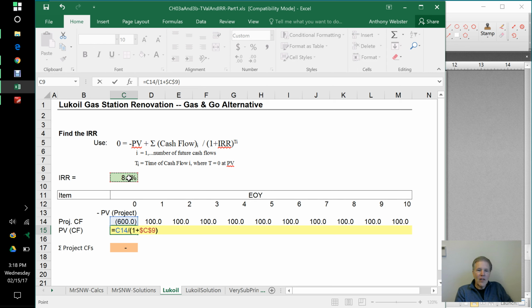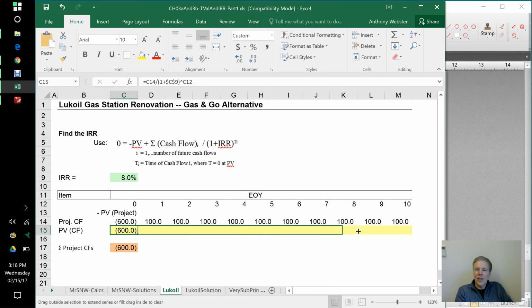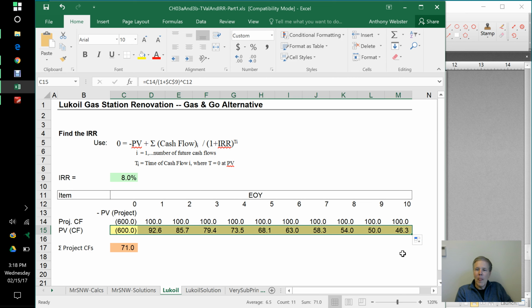And I'm going to put dollar signs there to lock that down. And then that's going to be raised to the number of periods that we need to discount that back to t equal 0. Okay, all right. I think that is a very nice looking general formula.